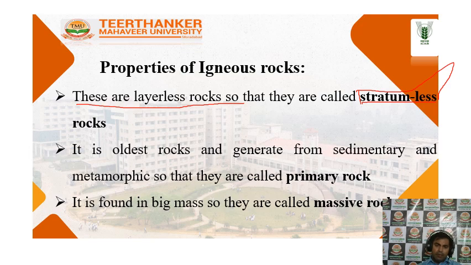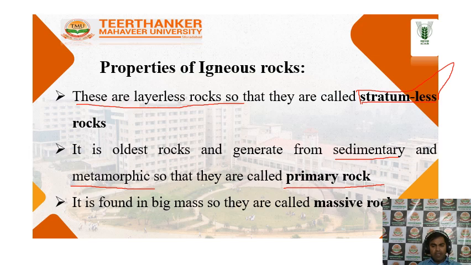The second property is that it is the oldest rock, and sedimentary and metamorphic rocks are generated from it. So it is called a primary rock. If you remember, I taught this during the rock cycle.